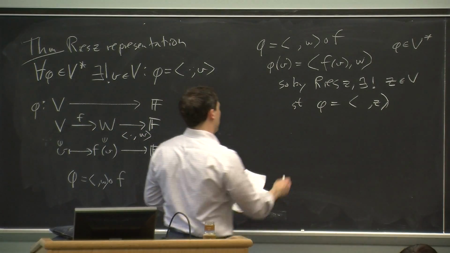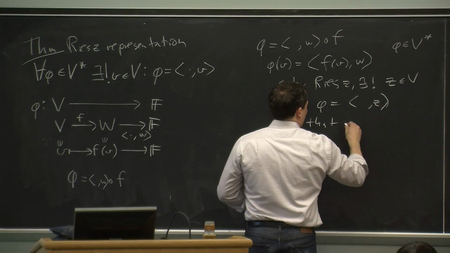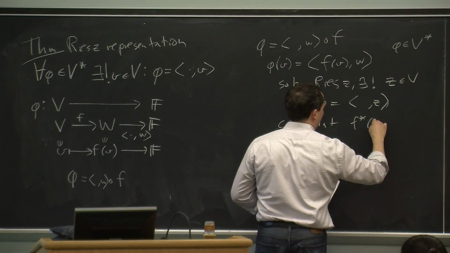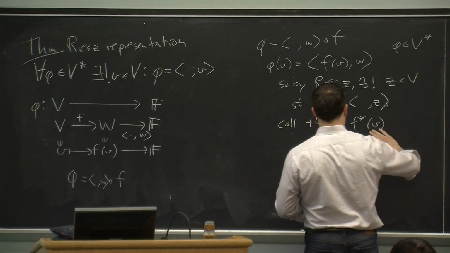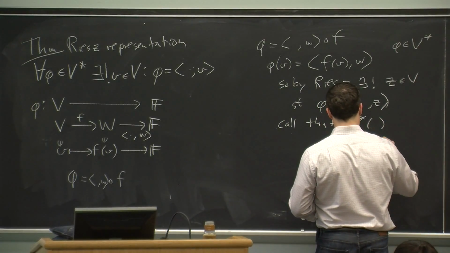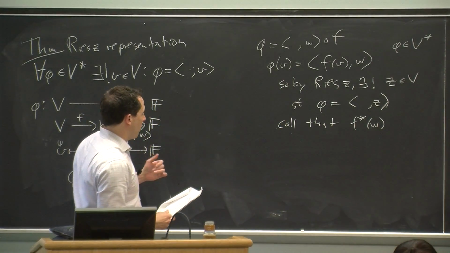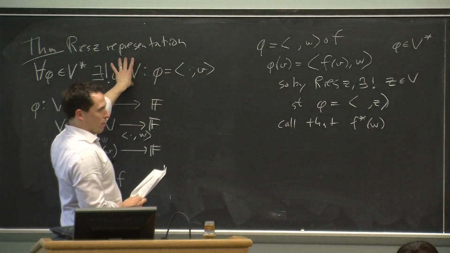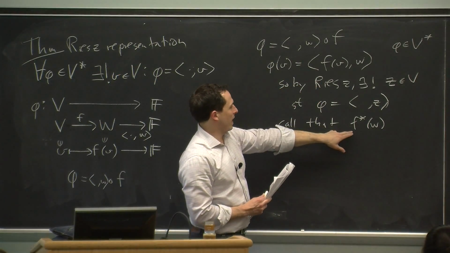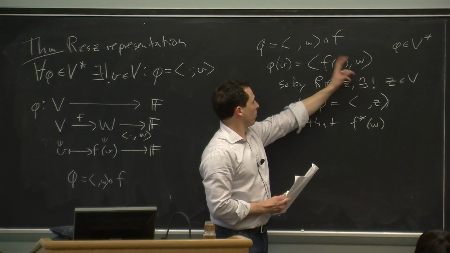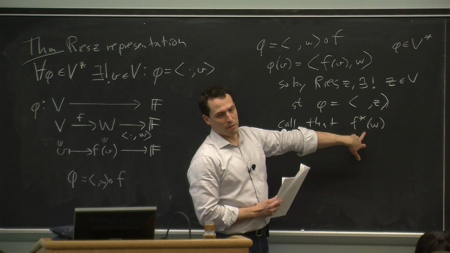And we're going to give a name to that vector. We're going to call that vector F star of w. This theorem tells me that there's a unique such vector. Because there's a unique such vector given that data, I can view this as a function that, fixing F, takes an element of W and defines an element of V.